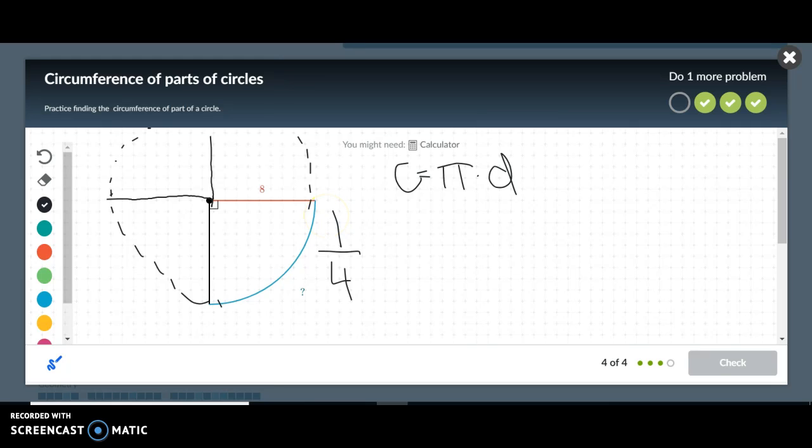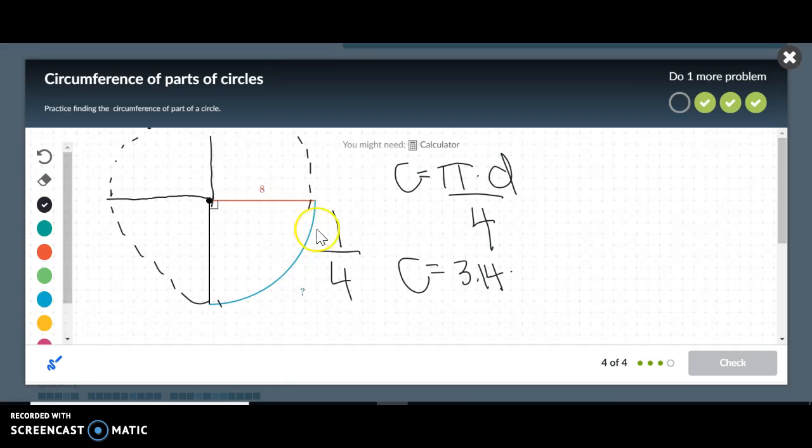So if I take this and divide it by 4, I'll be able to figure this out because it'll give me the 4 parts. And I'm only looking for 1 part, right? So let's use our formula. Circumference is 3.14. That's what that pi is, right? Multiply times diameter. But what's the problem? Right over here, what do I have? I have a radius.